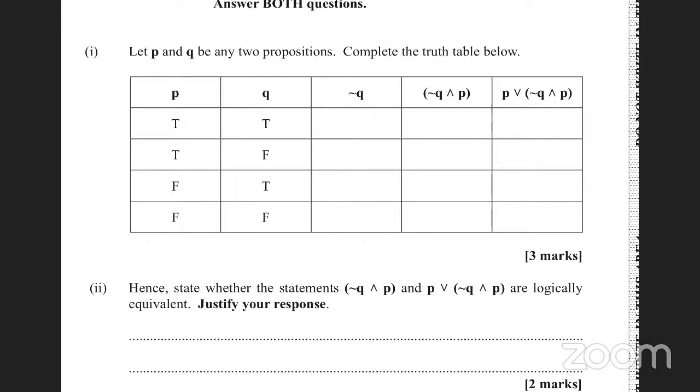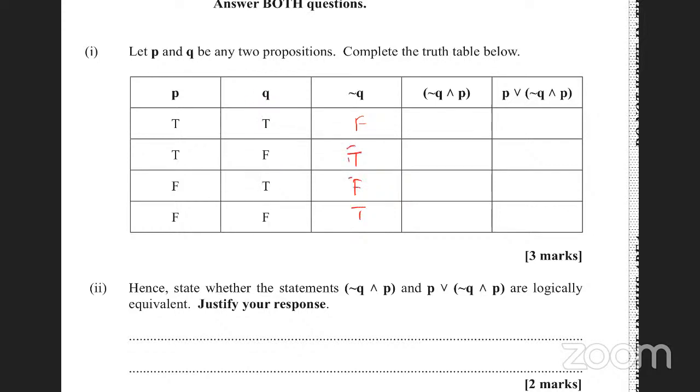Right, first column. No, it's false. Then true. Now start over. False then. Right, so we negate everything here.